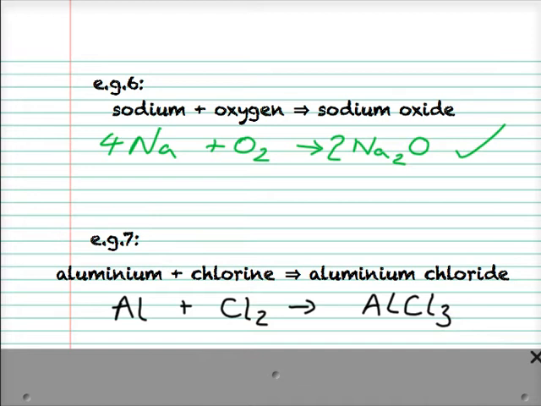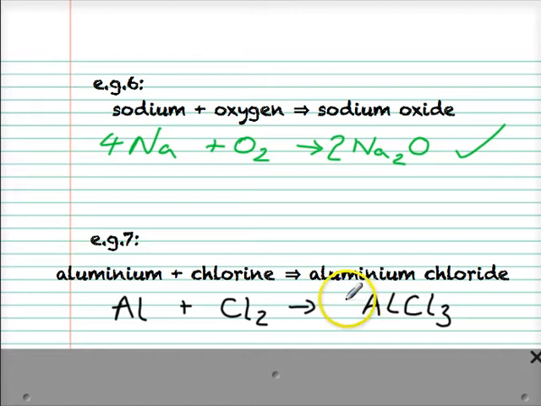Now this one might look slightly trickier. Let's see what we can do here. Aluminium is balanced already, but the chlorine is certainly not. We can't put 1.5 here to balance the chlorines because these have to be whole numbers.